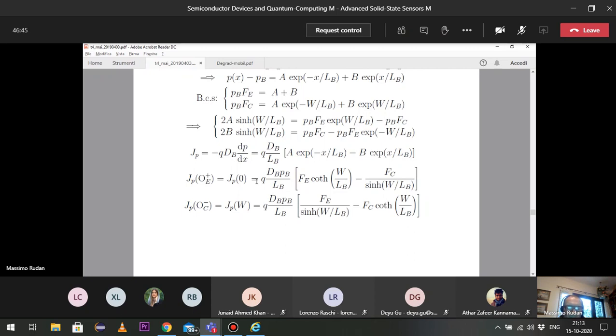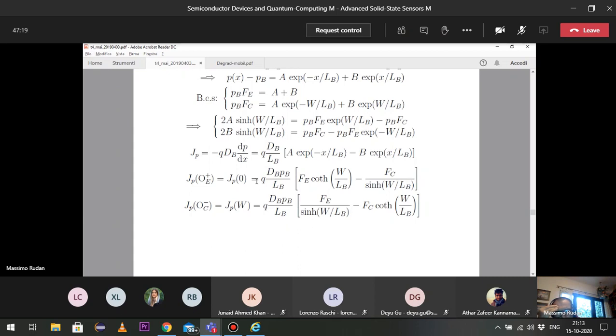We simply impose that x is equal to W, and we obtain q D_B p_B over L_B times a quantity in which we have the two terms F_E, F_C. The first is divided by the hyperbolic sine of W over L_B, and the other multiplies the hyperbolic cotangent of W over L_B. So we have these two expressions.